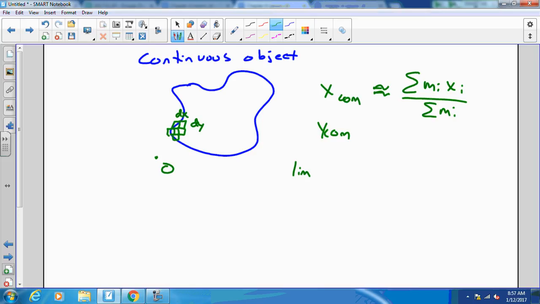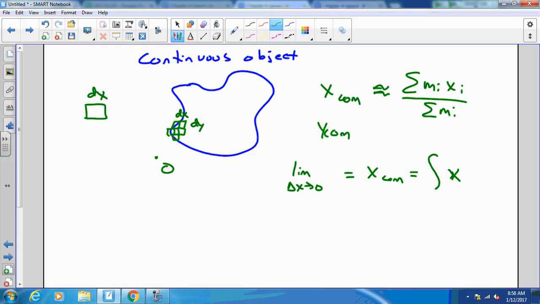But if I take the limit as the size of my delta x's goes to 0, then I get the integral of x times. Now, what happens to my masses?